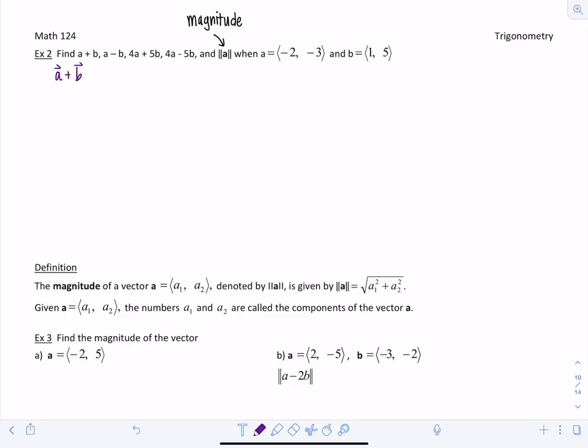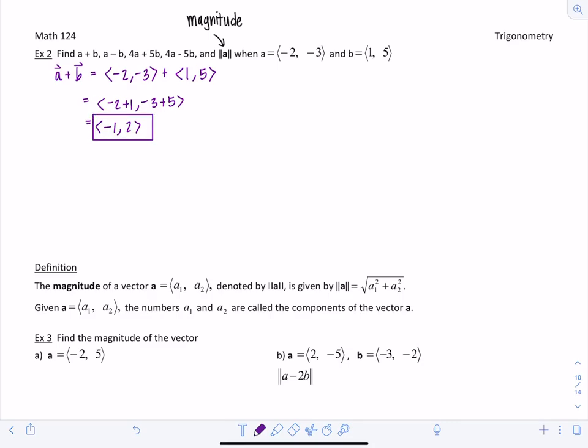So a plus b is going to be <-2, -3> plus <1, 5>. So I'm just going to add the components. So -2 plus 1, -3 plus 5. So this is going to be <-1, 2>. Okay.